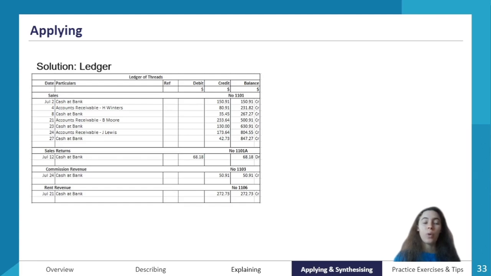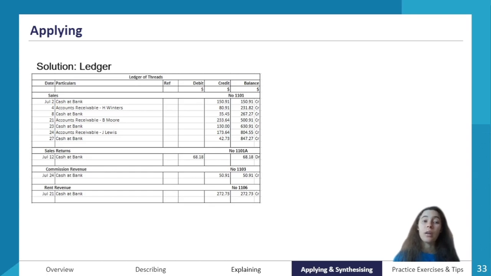So we have all of our different accounts for our ledger, and then we have everything that happens within that. So make sure when you think about this, it can be easy to get a little bit muddled with your ledger. So for the sales account, for example, you are writing down whatever the opposite accounts are. So if you've got sales, then your cash at bank on July 2 is going up. So that is the other account that's involved in that transaction.